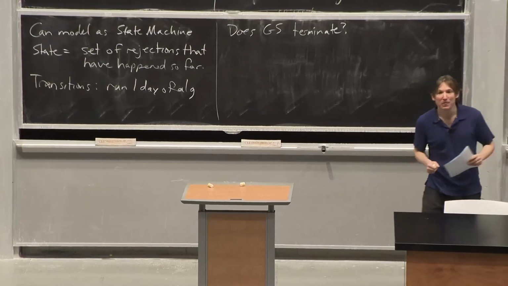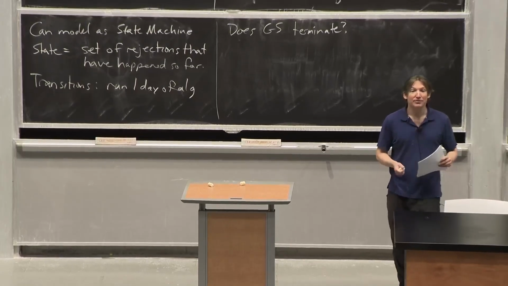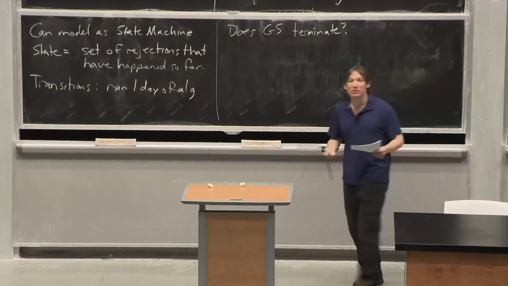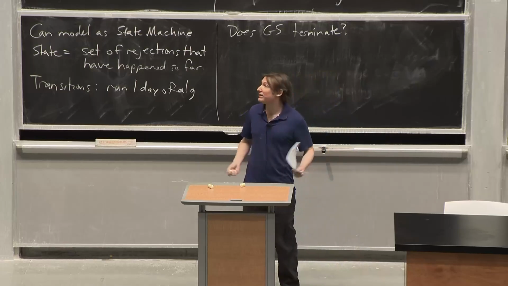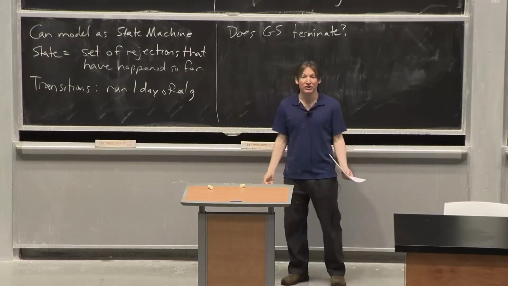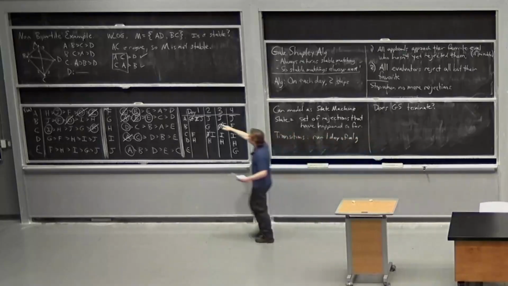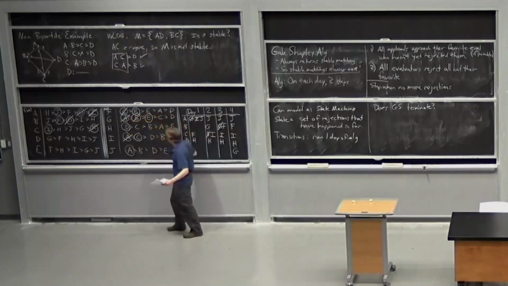So I would ask that you not use it either. Yes, down here. I mean, there are only a limited number of rejections that can happen, and then they run out. Awesome. There are only a limited number of rejections that can happen. Exactly. So every day that the algorithm continues, at least one rejection happens. But there are only n squared rejections that can happen in total, right?